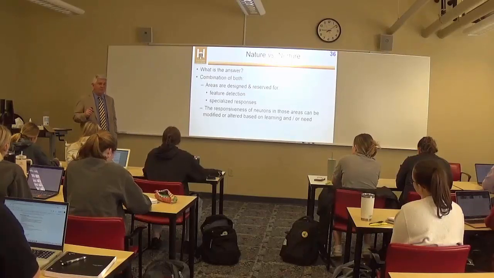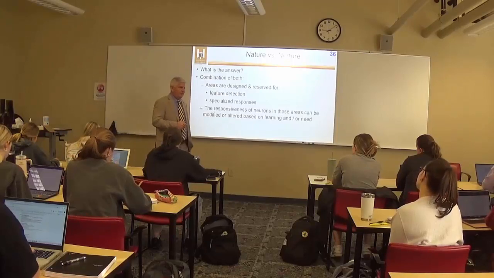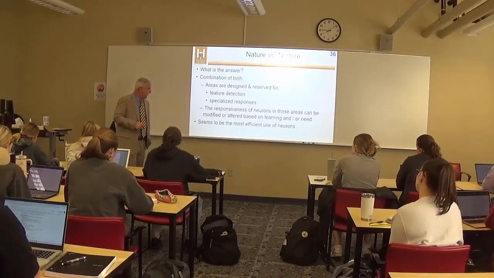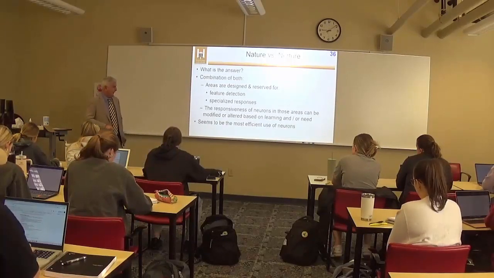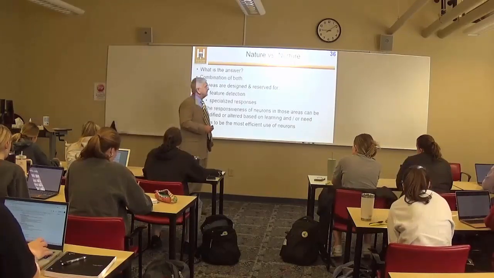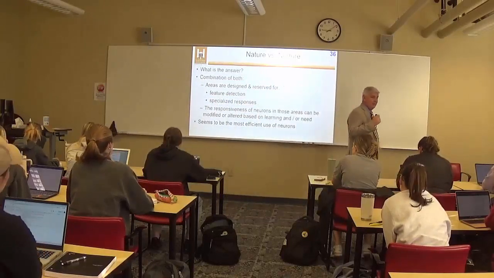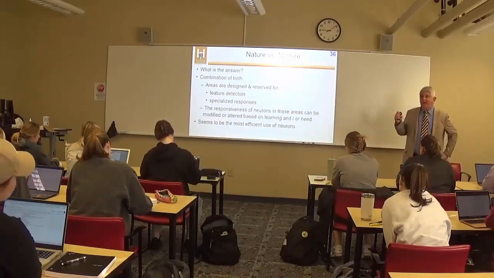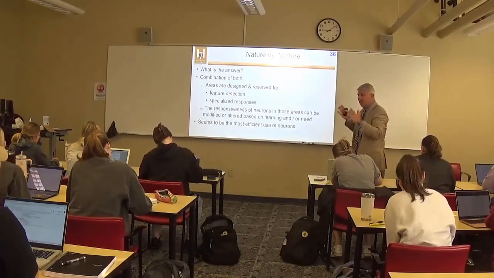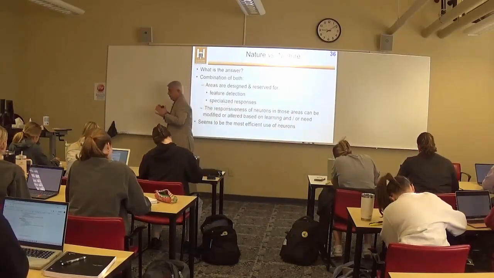So we have plasticity. Again, it seems like the most efficient use of neurons is this distributed coding, to have specific areas that break things down and then re-encode them.